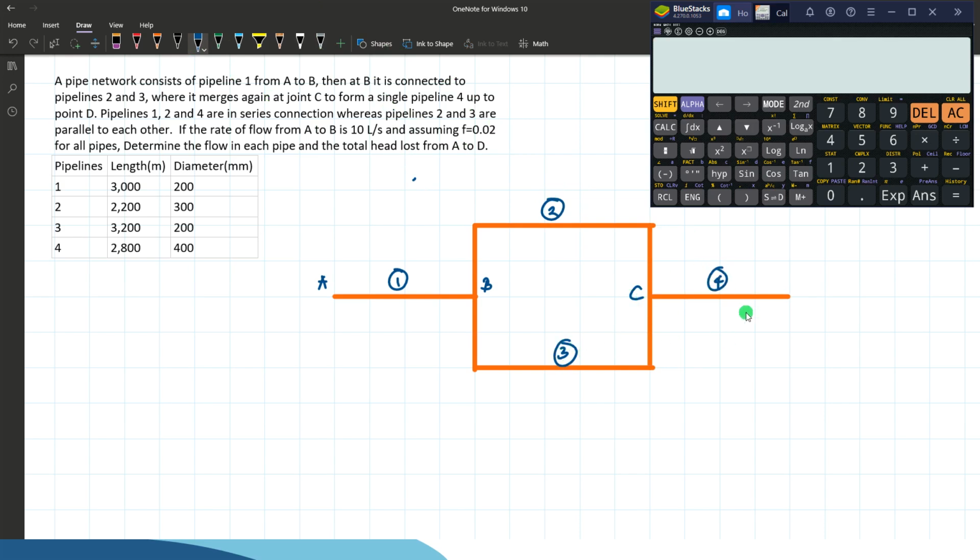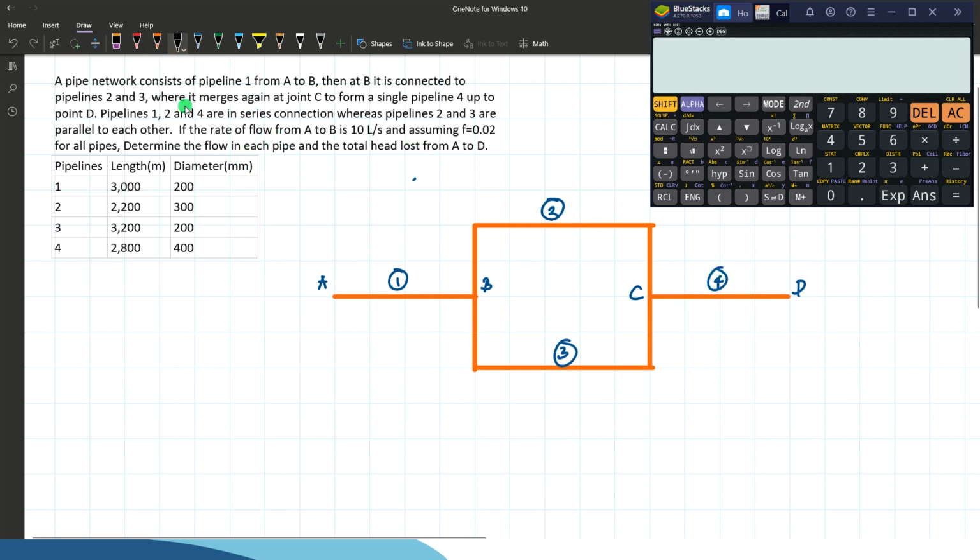This is point C, this is point D. As you can see, from a single pipe we form parallel pipes 2 and 3 and they merge again in pipe 4.